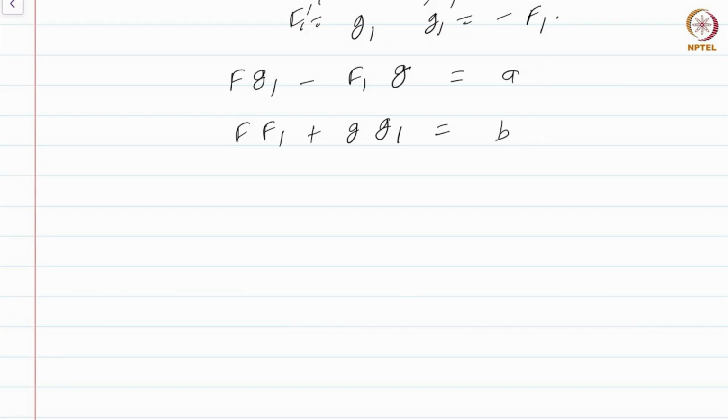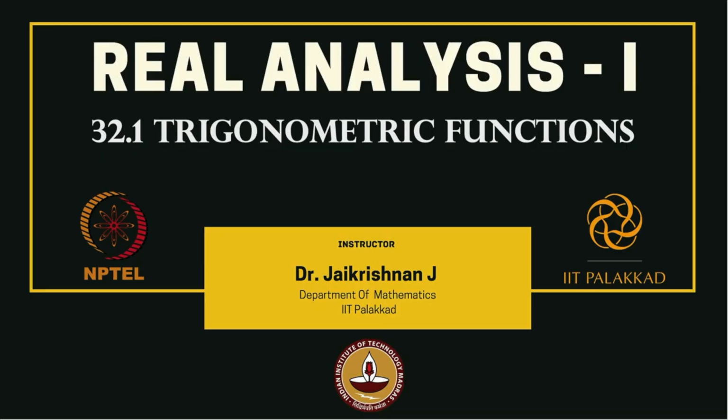So let me rewrite the equations and not butcher what is already there, which I'm going to now call star. I'm going to call this pair of equations star. Now I'm going to multiply the first by g and the second by f. So what we will get is g f g1 minus g squared f1 is equal to a g, and we will get f squared f1 plus f g1 is equal to f b.